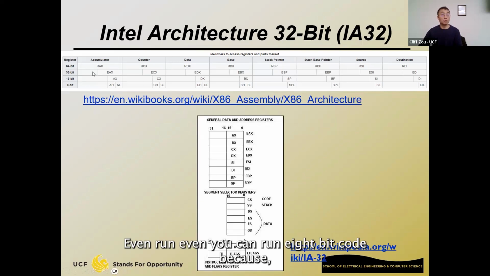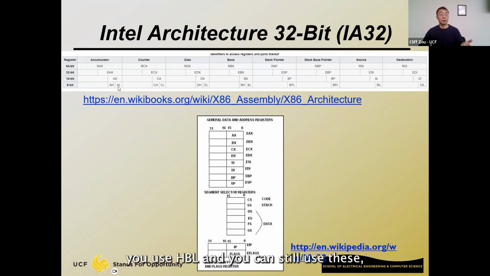You can even run 8-bit code, because in those instructions you use AL, and you can still use this 64-bit register for all those operations. So it is backward compatible for the Intel-based structure.